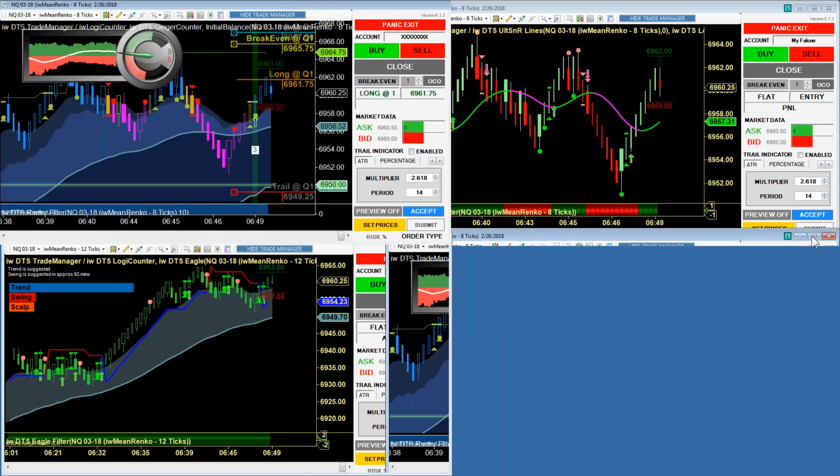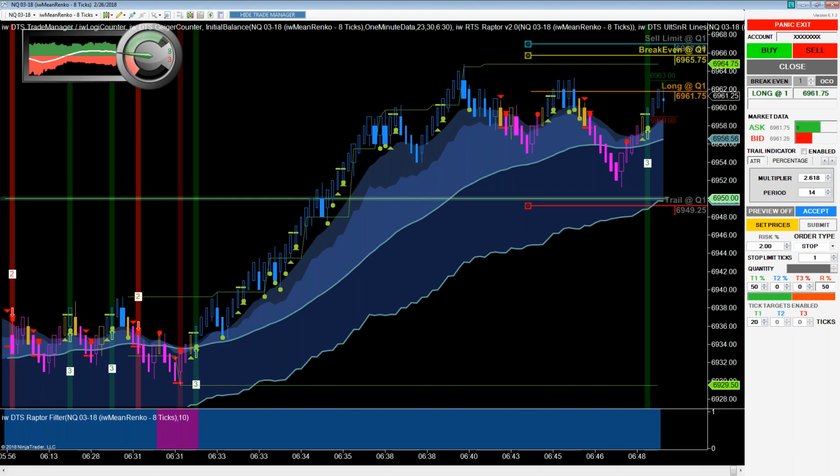So we got a little bit of a sideways churn going on here. I was anticipating this number 3 signal, but it just kind of came out of nowhere. It would have been much more desirable to enter here around the 69.59 area, but whatever. This is the fill I got.